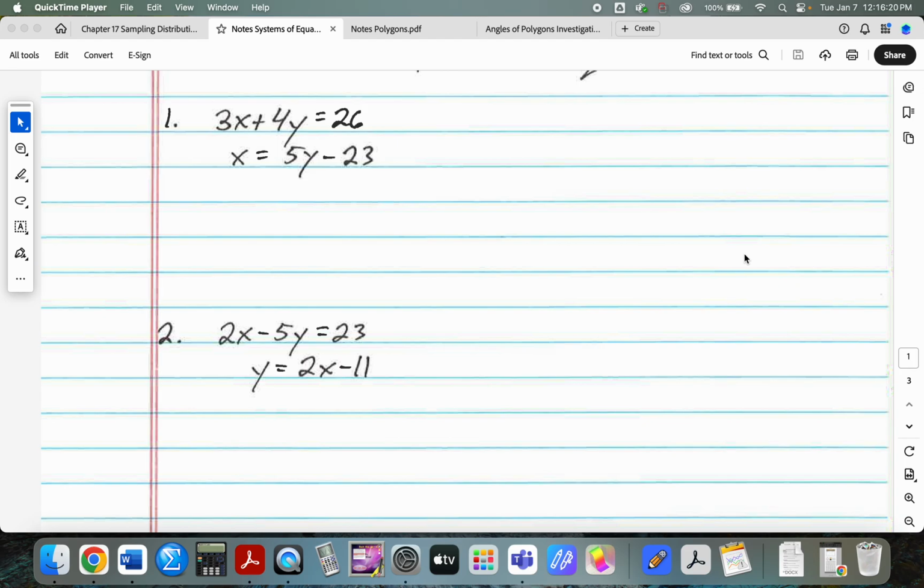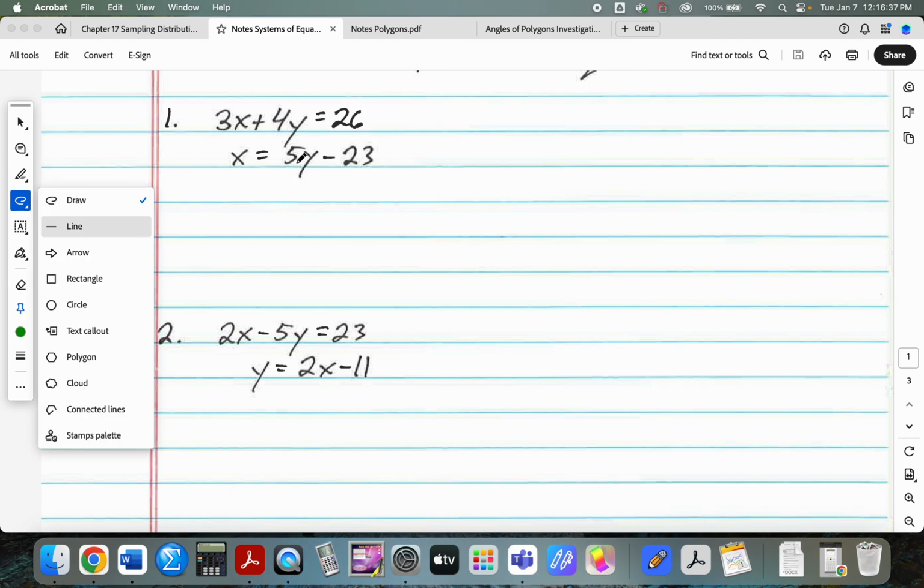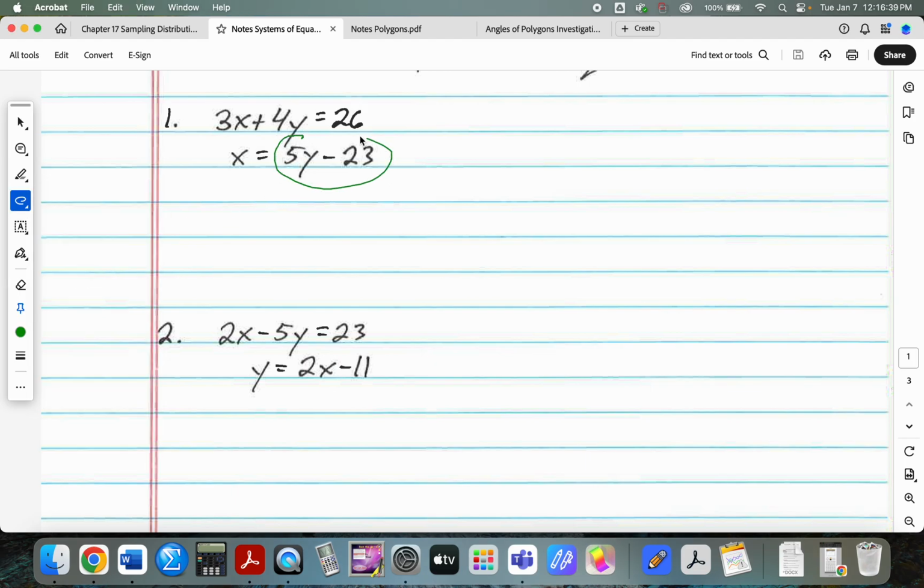On one like number 1, if a variable is already isolated, that is, it is all by itself on one side of the equation, it's almost always simplest to use substitution. What we'll do is take what that is equal to and substitute it in the place of that variable in the other equation.